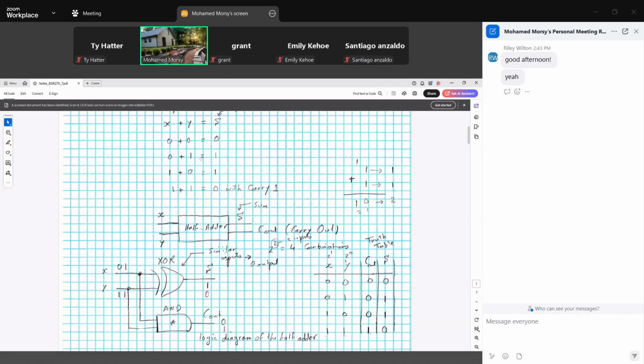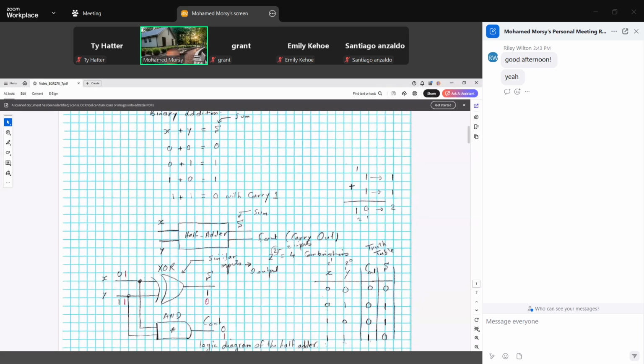There is no carry here. 1 plus 0 is 1 with carry 0. 0 plus 1 is 1 with carry 0. But 1 plus 1 is 0 with carry 1. So as the sum output here, we have 0, and as the carry out here, we have 1. This means if we have 1 here and 1 here, we have 0 here with carry 1 here.